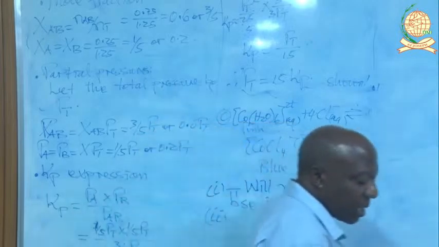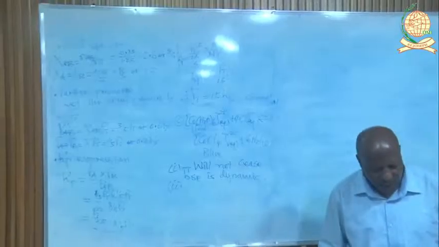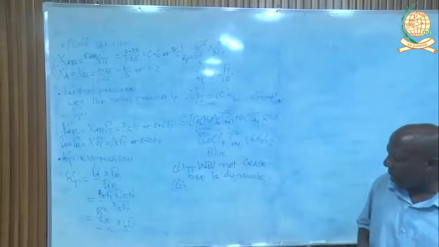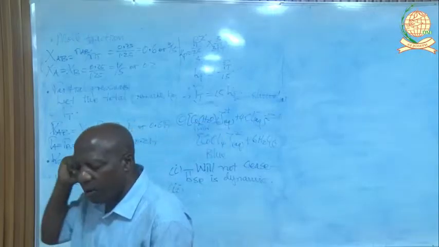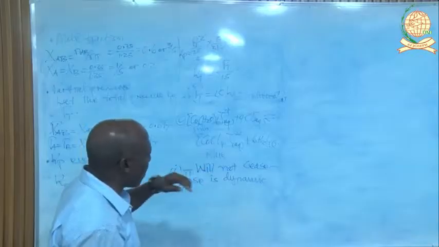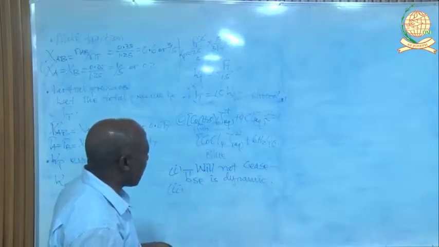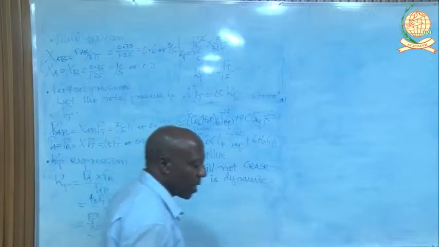The second question is, the forward reaction is endothermic. Explain the color change observed on cooling the reaction mixture. Now, remember, when we consider heat or temperature as one of the factors which can affect equilibrium position, we have to consider the type of reaction in relation to heat change.